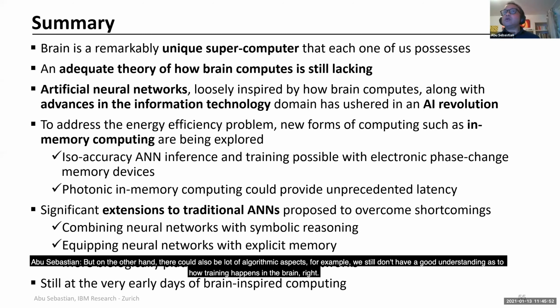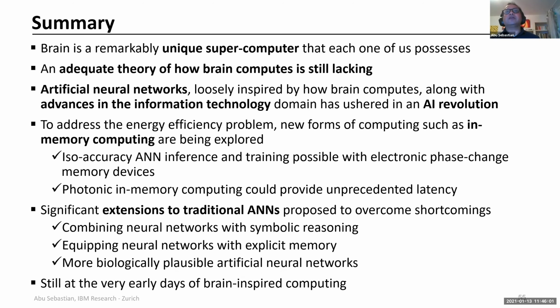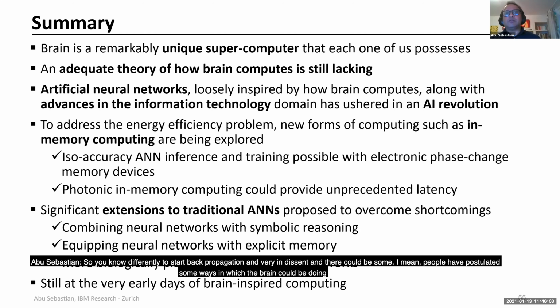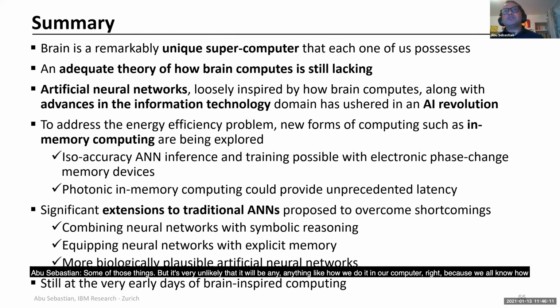But on the other hand, there could also be a lot of algorithmic aspects. For example, we still don't have a good understanding as to how training happens in the brain, right? Definitely it's not backpropagation and gradient descent. People have postulated some ways in which the brain could be doing some of those things, but it's very unlikely that it'll be anything like how we do it in our computer, right?